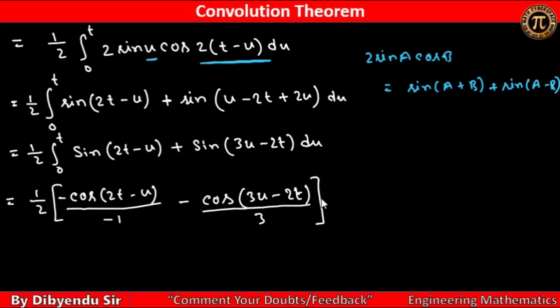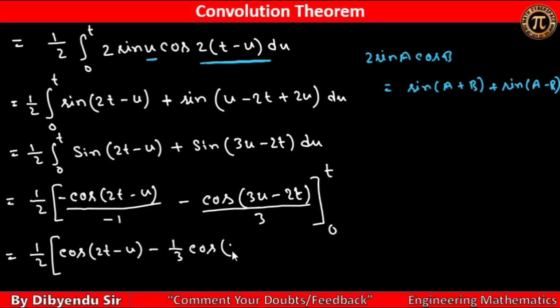Now the integration limit is 0 to t. If you simplify, minus minus plus, so half cos(2t minus u) minus 1 by 3 cos(3u minus 2t), with limits 0 to t.